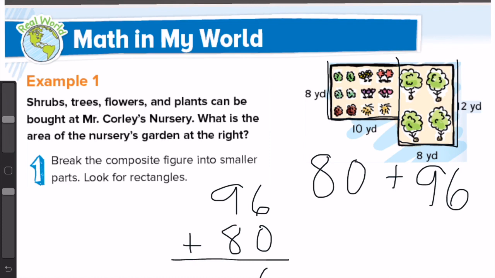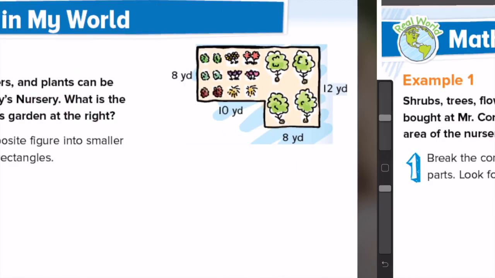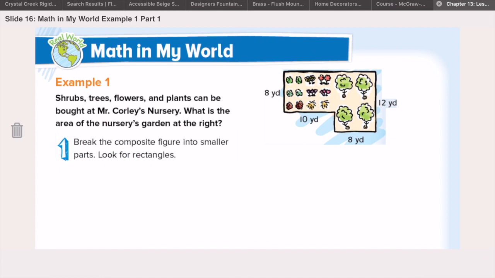6 plus 0 is 6. 9 plus 8 is 17. So my answer is 176. 176 what? Square yards. YD stands for yards. Okay, so 176 square yards. Let me try to find the answer and see if I'm correct.